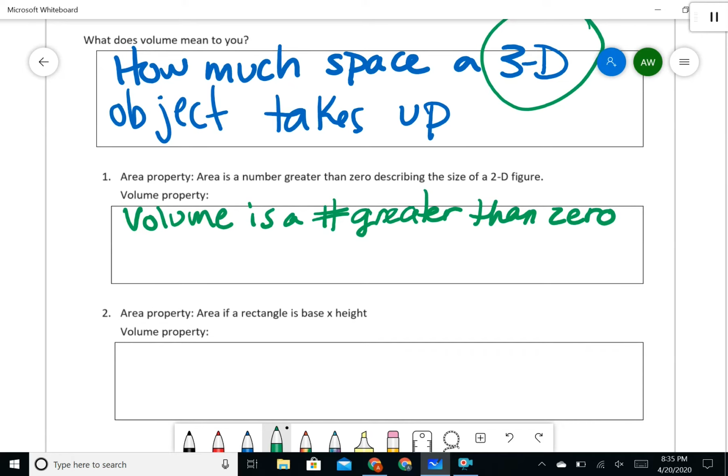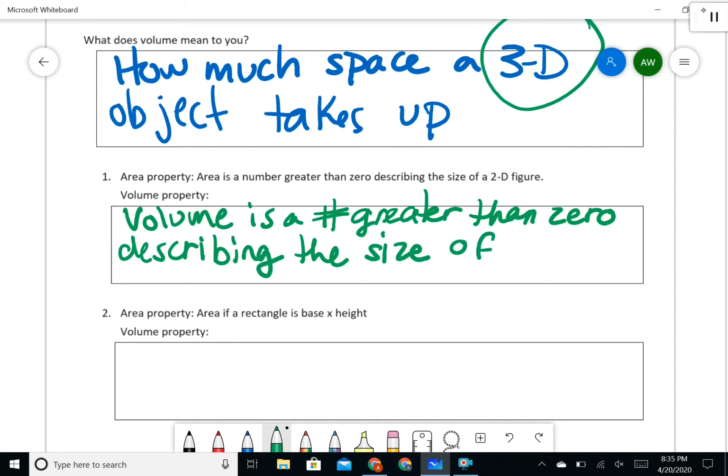So a number greater than 0, describing the size of a 3D figure, right? And the only difference between area and volume here is that area is about two-dimensional figures and volume is about three-dimensional figures. So our next one says, area of a rectangle is base times height.